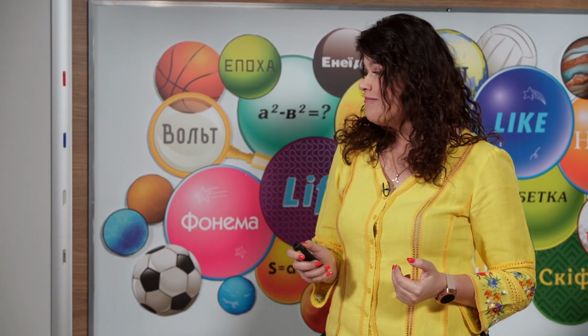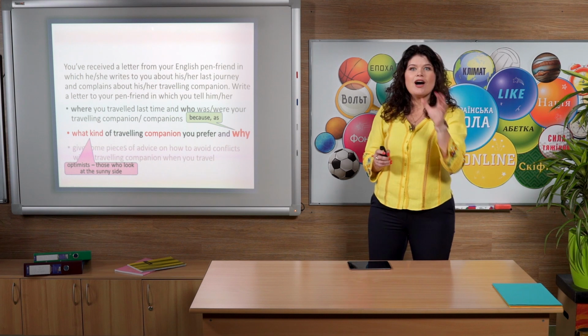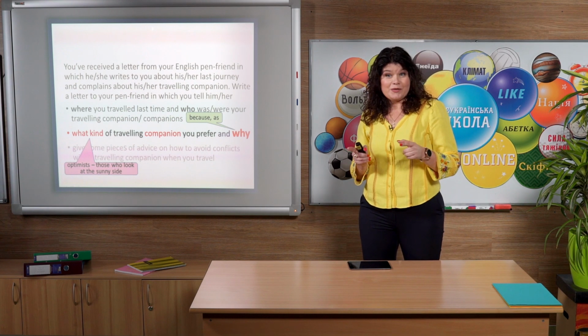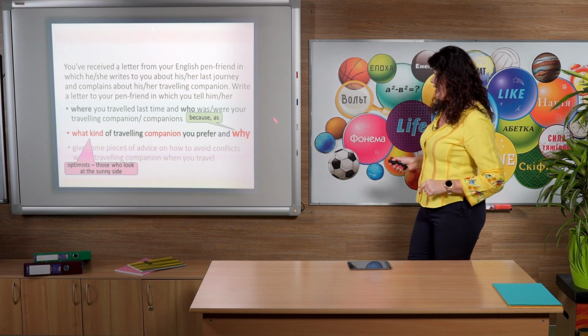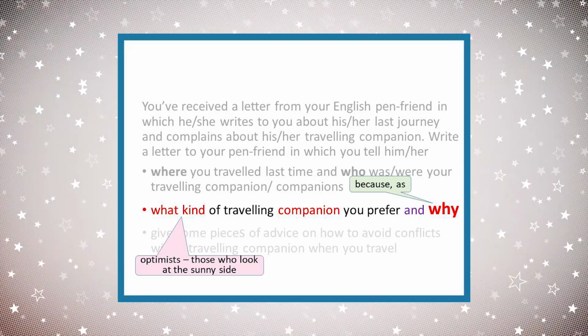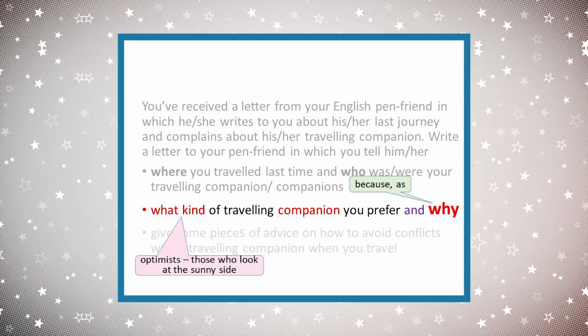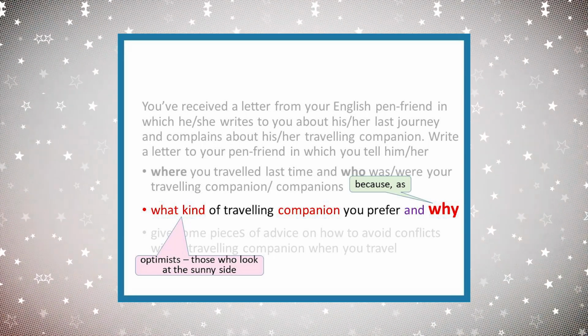Good. Let's think of the possible answers. What kind of traveling companion would you prefer to travel with? For me, it's optimists. Those who look at the sunny side. Good. And answering the question why, you will use some conjunctions, because or as.